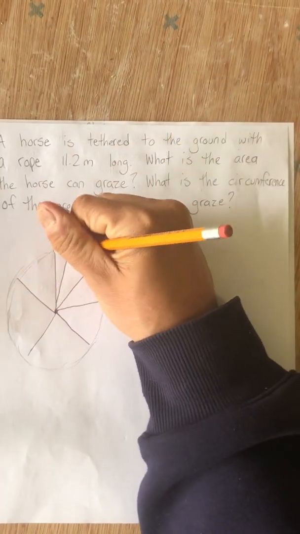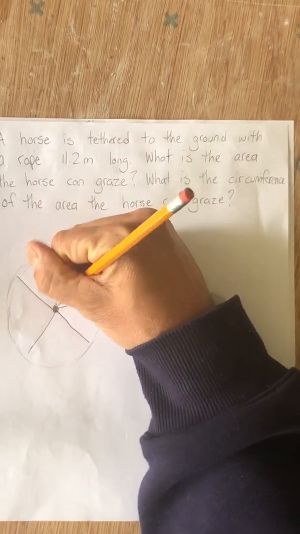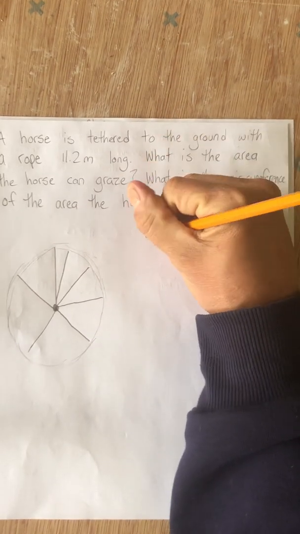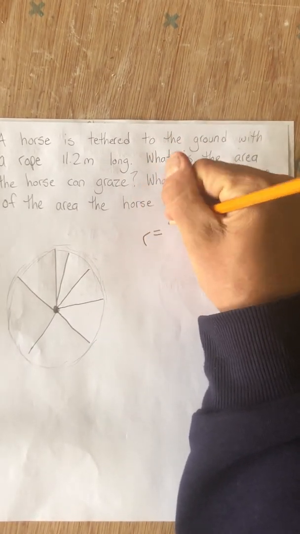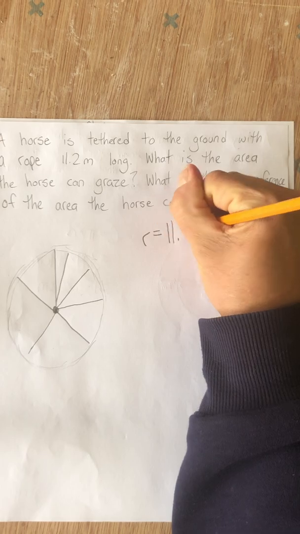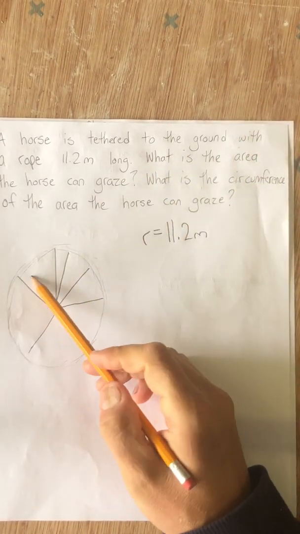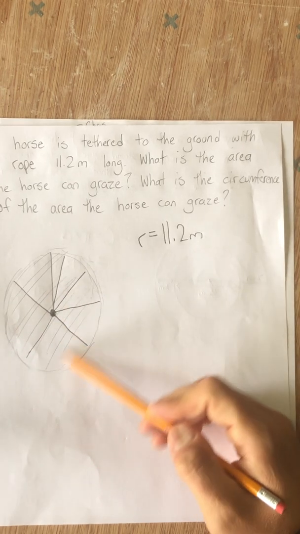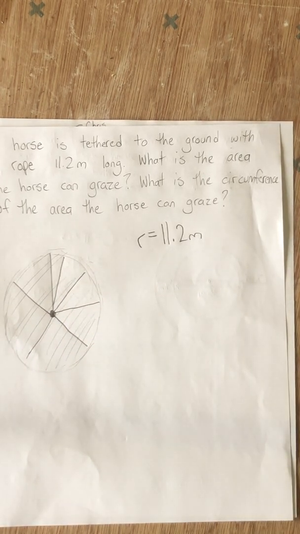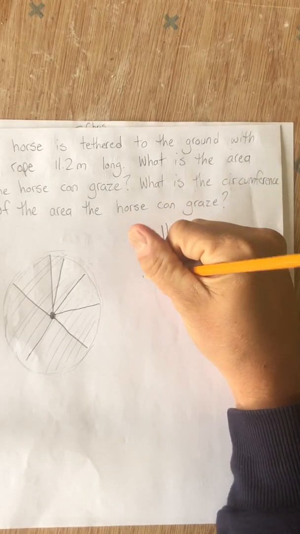Well, that was the distance from the center of the circle to the outside. So that 11.2 meters is my radius of my circle. R is 11.2 meters. Okay, so the first question asks, what is the area that the horse can graze? So what's this area that the horse can go around and eat its nice yummy grass in? Well, for that, we just use our area formula.